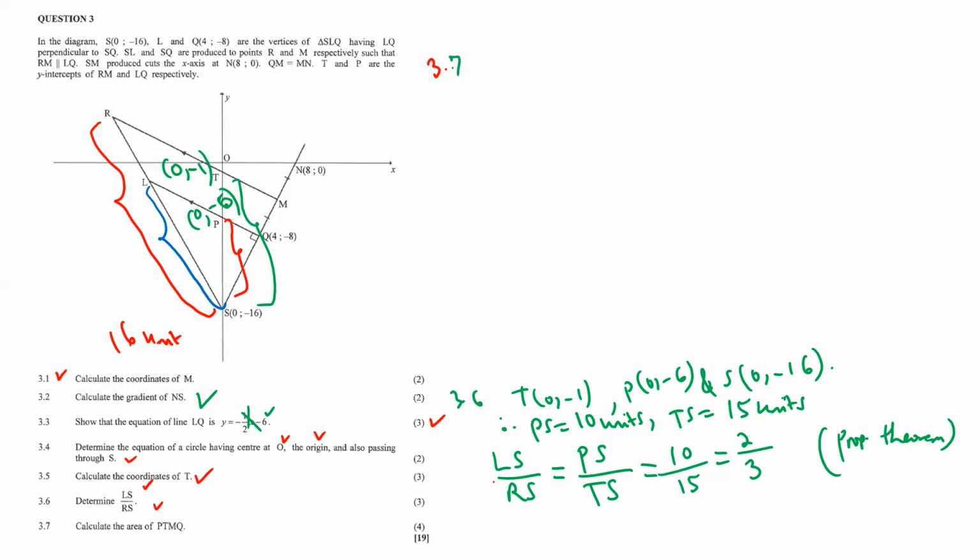So in 3.7, we're going to look at the area of PTMQ. Here is P, here is T, and M, Q. The area of PTMQ. This is obviously a shape called a trapezium. So you have this and that, and then you have this and that.